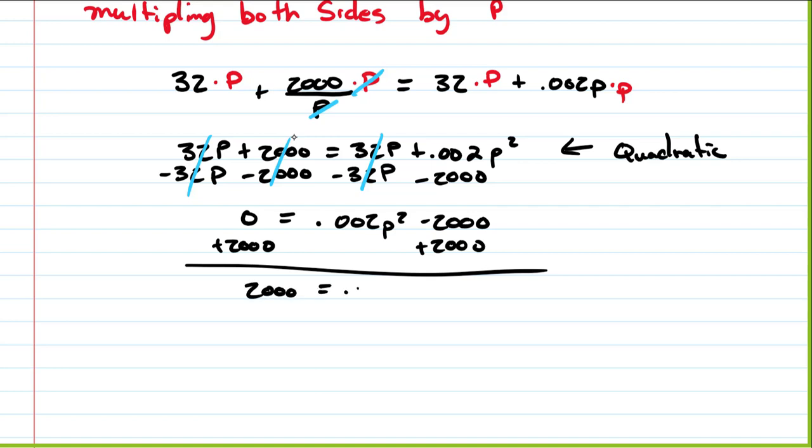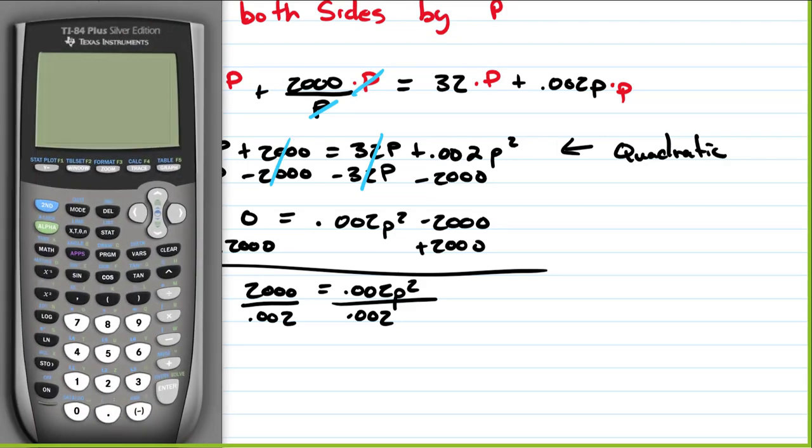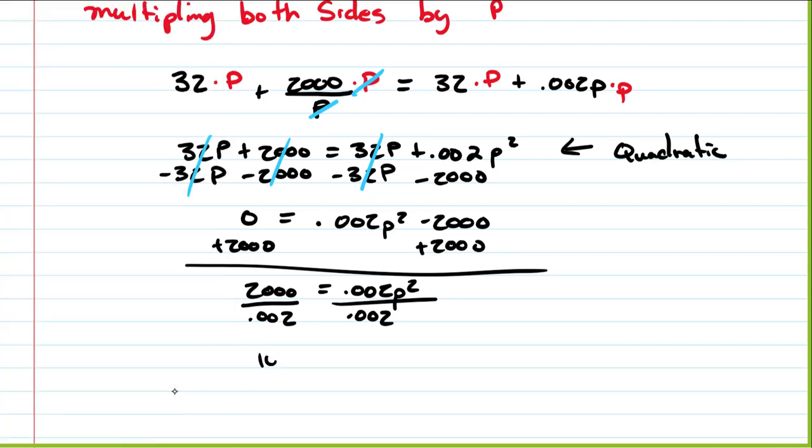I know it seems like we're going backwards. 2,000 equals 0.002 p squared. And then we divide by 0.002 on both sides. So we have 2,000 divided by 0.002, and we get 1,000,000 is equal to p squared.